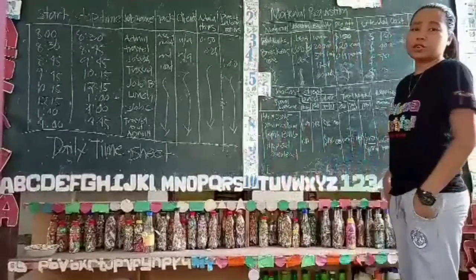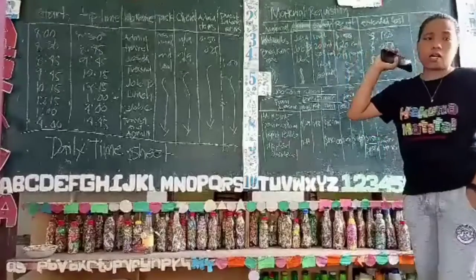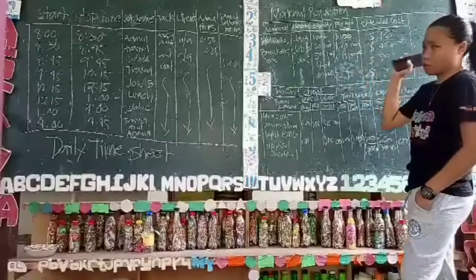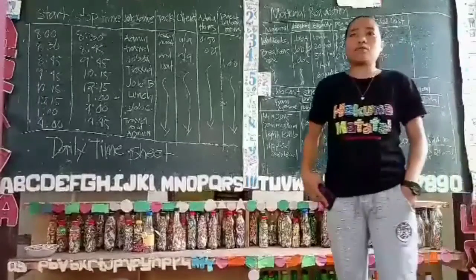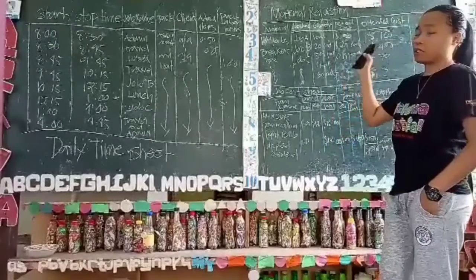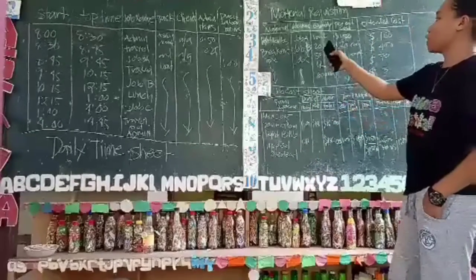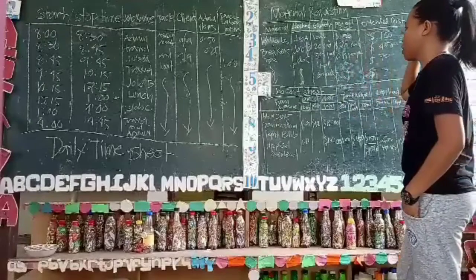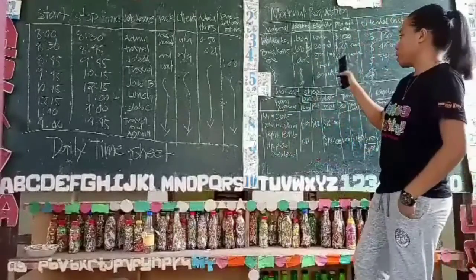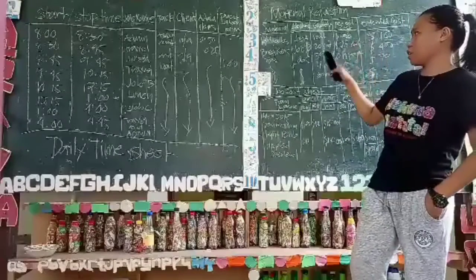Now we will compute the extended cost in the second table, the material requisition. It has columns for material, job name, quantity, per unit cost, and extended cost. To compute the cost, we just multiply the quantity by the per unit cost. For example, 1 unit times $150 equals $150. 20 units times $20 equals $400.